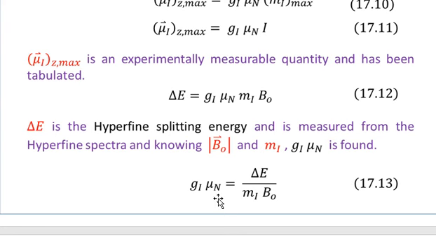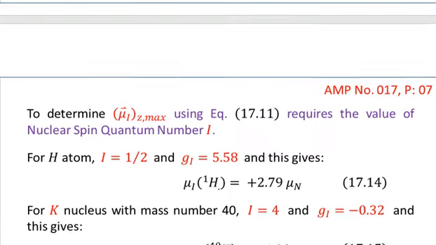But you know that the value of mu n is empirically known to us, so you can find the value of the G factor for the nucleons. So Gi, the nuclear G factor, can be determined experimentally.